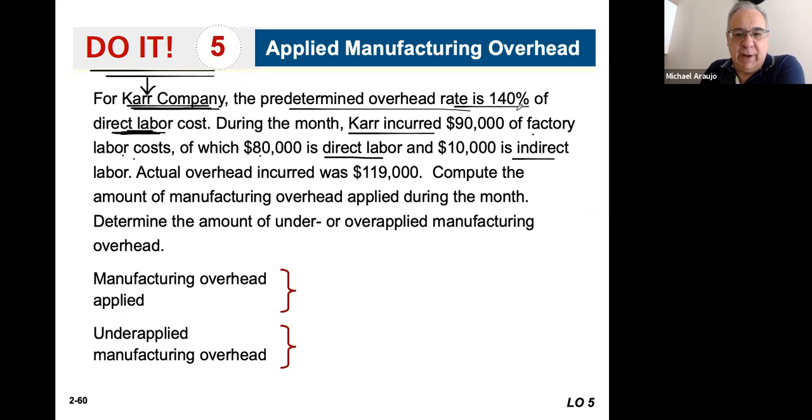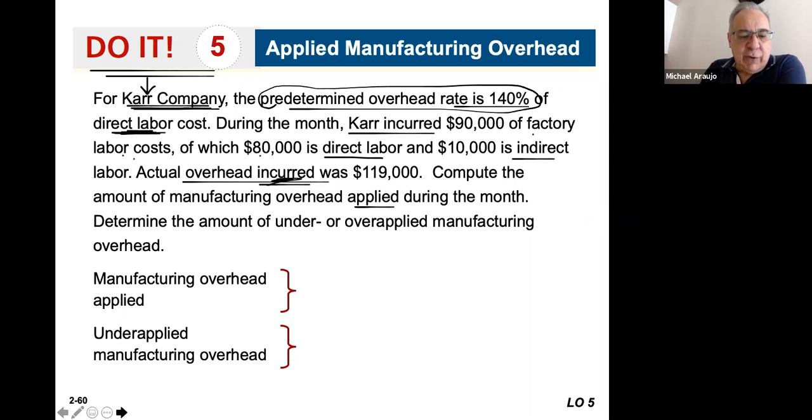Remember, predetermined overhead is 140% of direct labor. The actual overhead incurred was 119,000. So compute the amount that was applied and determine the amount of under or over.